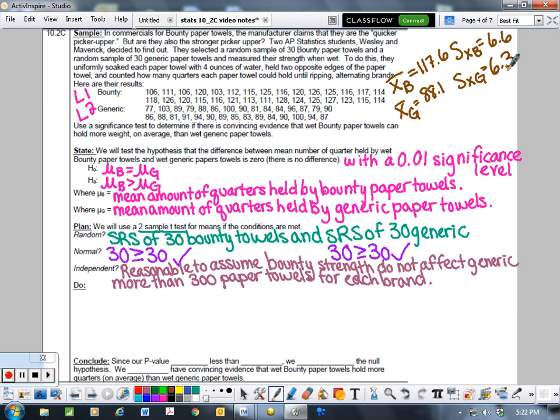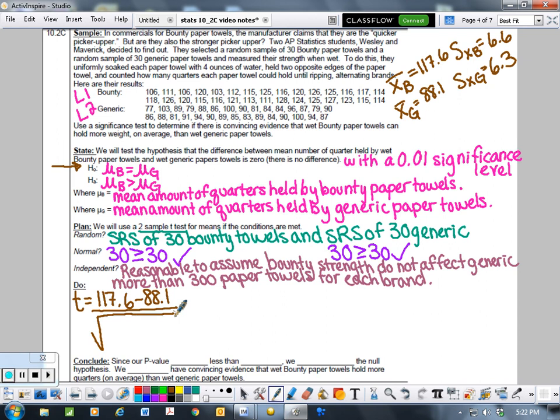So now that we have that information, we're going to go ahead and calculate our t-value. So this is our t-score. So we subtract based on here. We're going to do Bounty minus generic. So 117.6 minus 88.1 over our standard error.